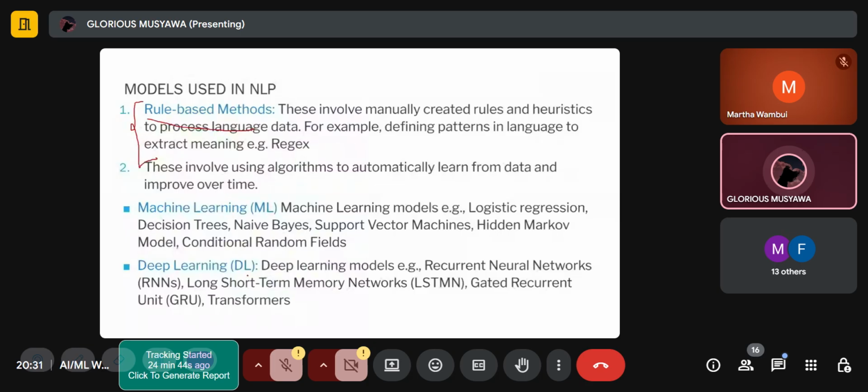This involves using algorithms to automatically learn from data and improve over time. So we have machine learning and we have deep learning. When you talk about machine learning, we're talking about using machine learning models, for example, logistic regression, mostly for text classification.